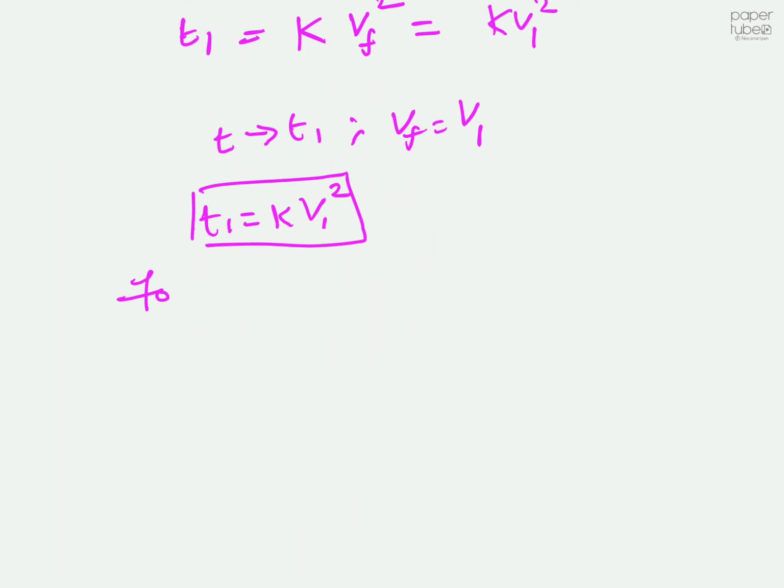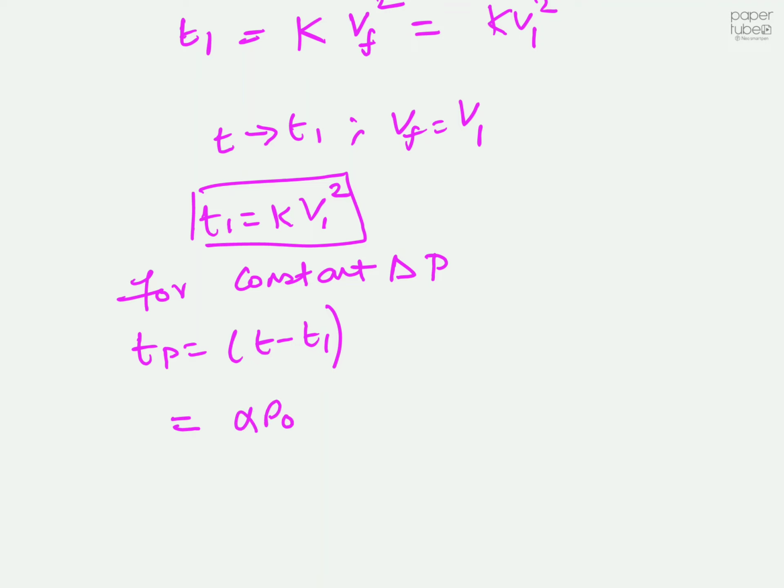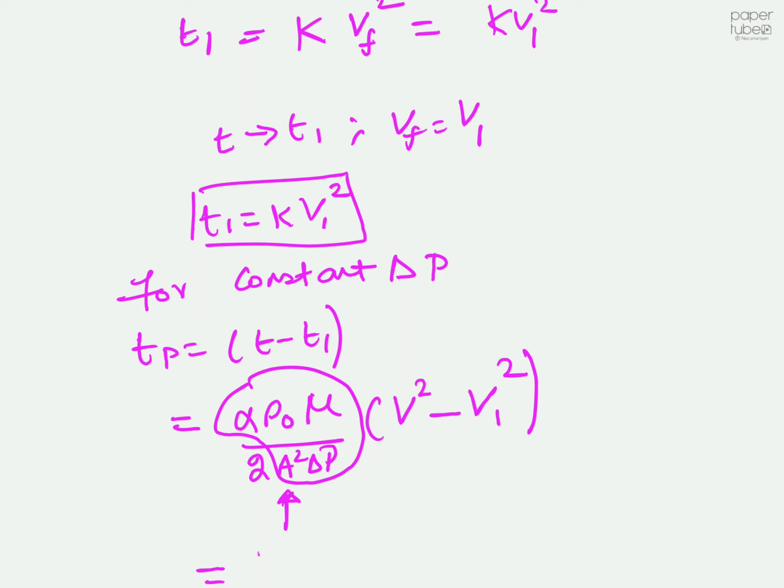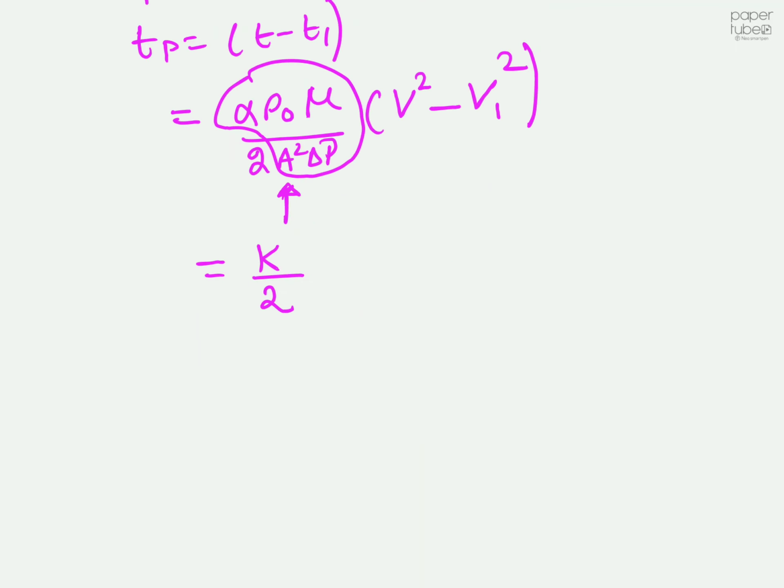And then for constant delta P, we know that Tp is equal to T minus T1, and we already derived this in the previous page. Alpha rho mu divided by 2 A squared delta P, I showed you this will be equal to V squared minus V1 squared. So this part is equal to K, so Tp is equal to K divided by 2 multiplied by V squared minus V1 squared.